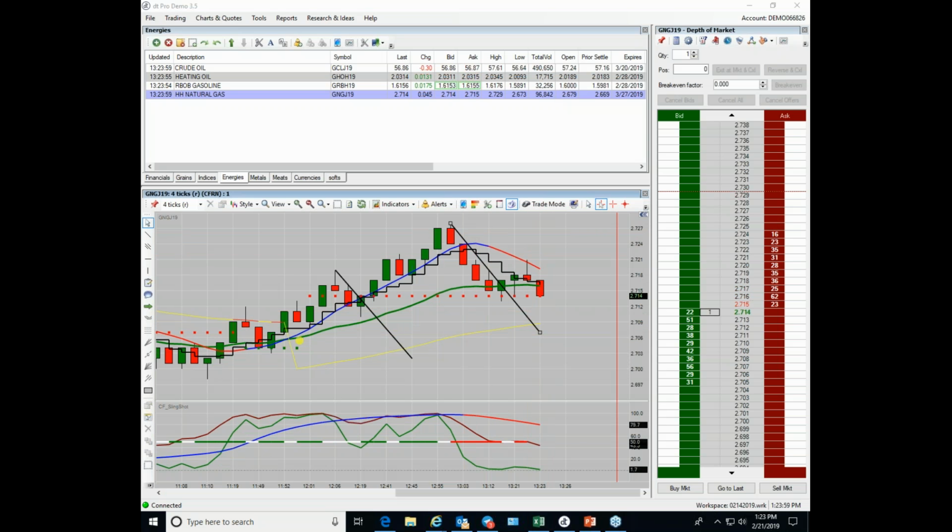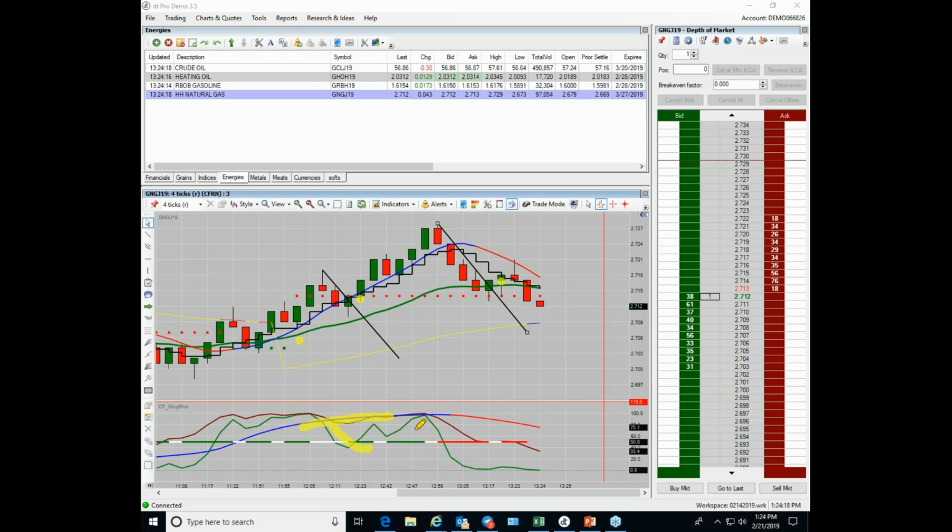In both examples, close above the trend line. The cycle is blue. It's got a nice slope to it, right? And we have that separation. Not surprising the market did what it did, given what I'm seeing here.